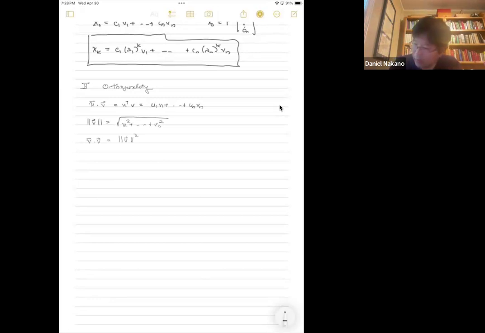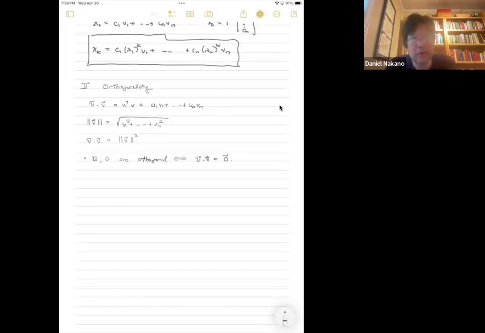Now, if you take two vectors, u and v, these are orthogonal if and only if u dot v is equal to 0. Okay, the dot product is equal to 0.